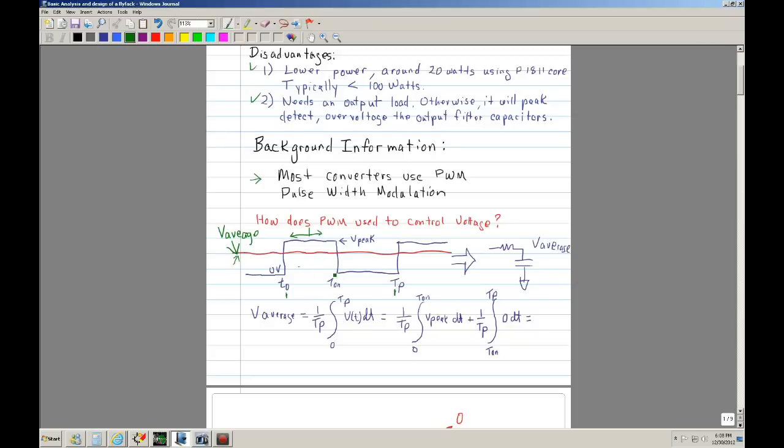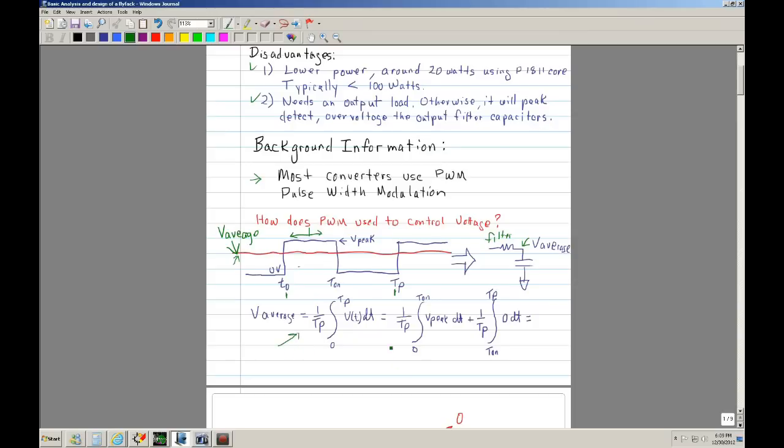Now, if you were to put this square wave through a filter, whether it be an inductor and a capacitor, the output of the filter will be a voltage that is the average. You can take the average of this waveform and put it into this equation.